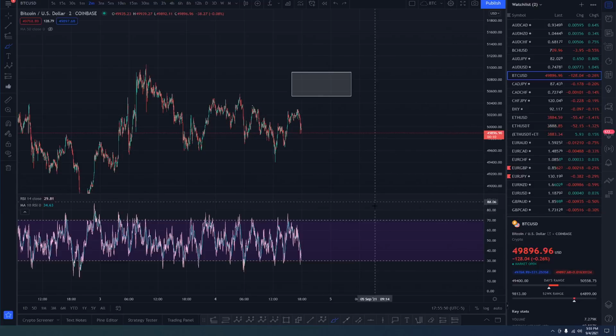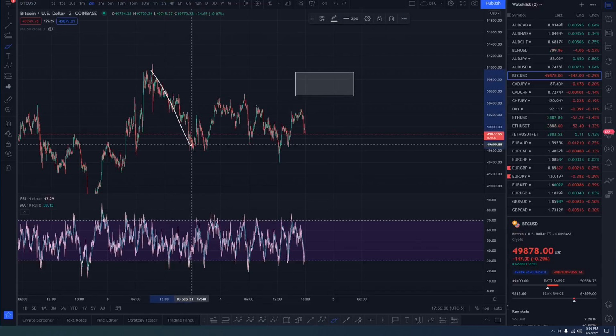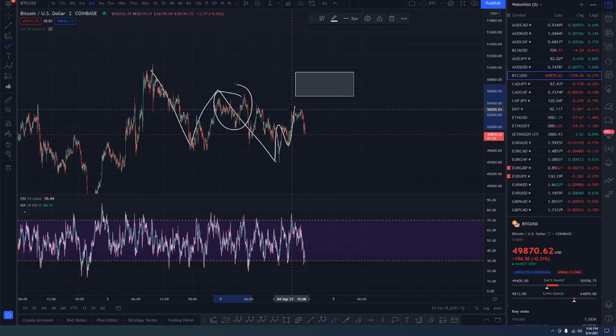So now what else could it be? What if this is a finished 3 waves, and this is the first 3-wave move of something like this? Or we get a flat, something like this wave right here.